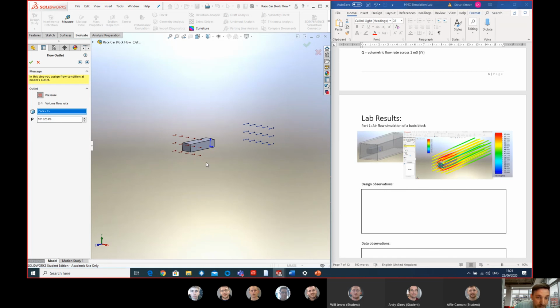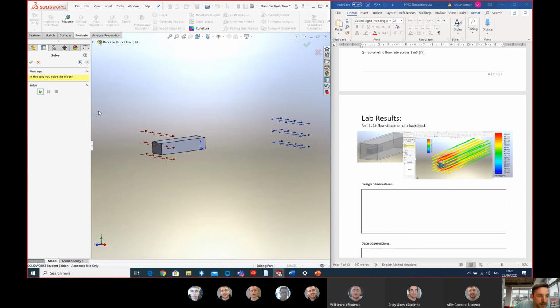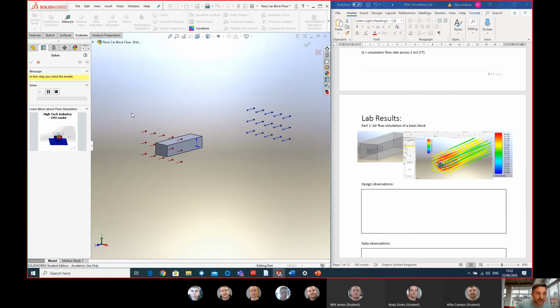That's all that is. What we're going to do is see how the pressure varies from the front to the back, and we're going to trace a couple of lines with it as well. And that's it. That's all I need to do to set this one up. So I'm going to hit solve. It might take a bit longer because it's calculating more data.